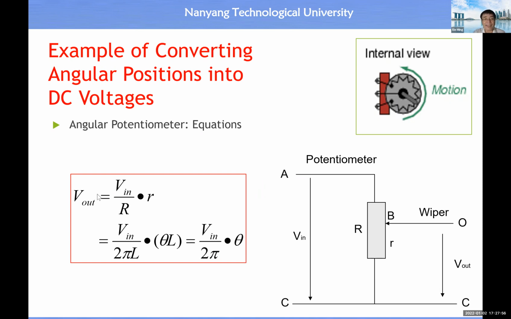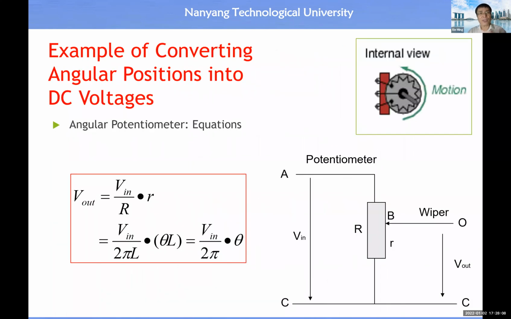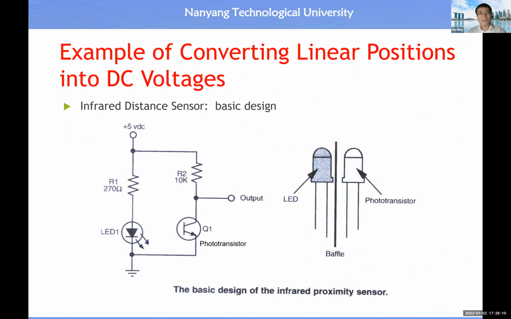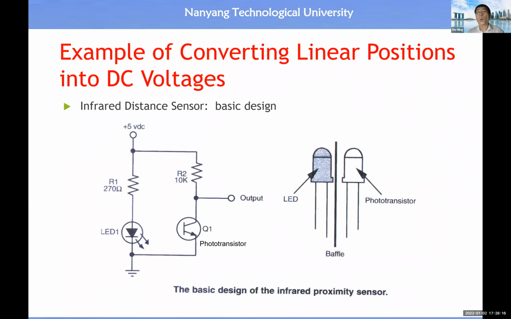Then output voltage is a function of angular position of the wiper, so this is an equation for you to use. By using principle 1, it's quite straightforward to come up with the solution for the module, which will transform position into DC voltage.